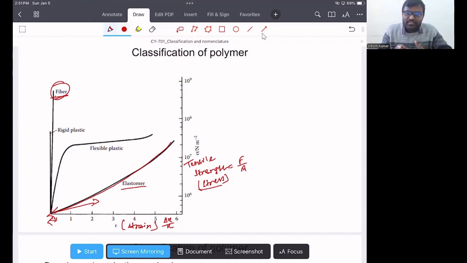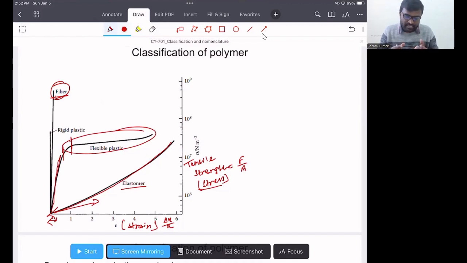However, plastics have intermediate properties. For example, up to here the plastic shows very high tensile strength, and after that it shows the properties of elastomers, where even with a minimal change in pressure there is a huge change in strain. There are also two kinds of plastics.